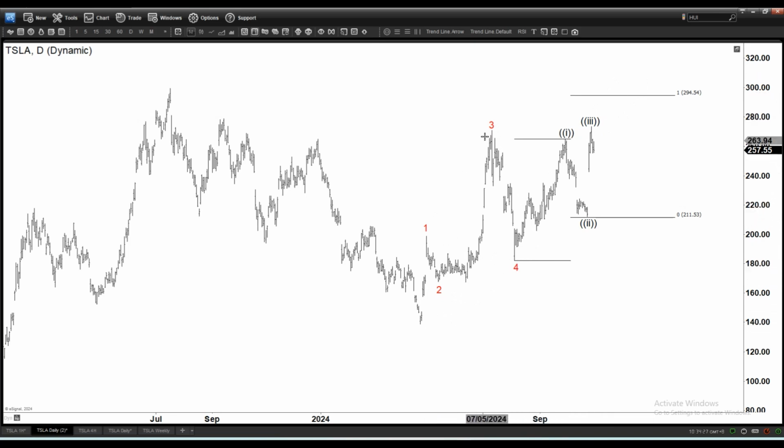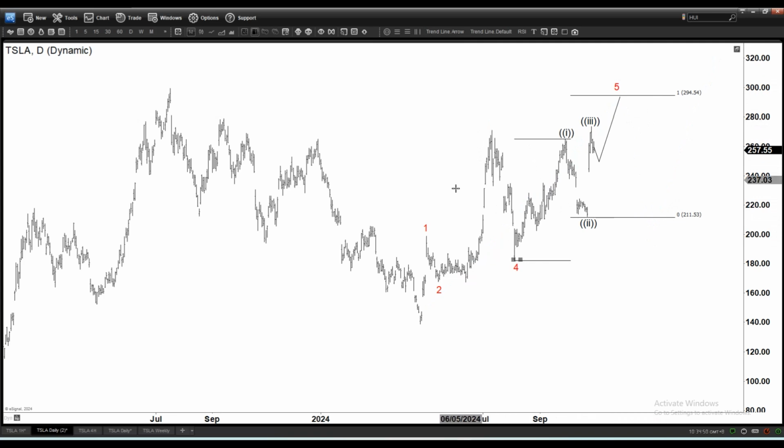I don't like it because the 4 is too big. So this is possible: you got a 4 and you got a 5, and then you will end the 5 here, end the cycle, and then see a bigger pullback again to correct the cycle in 3 waves before higher. That's one possibility, but the 4 is too big.